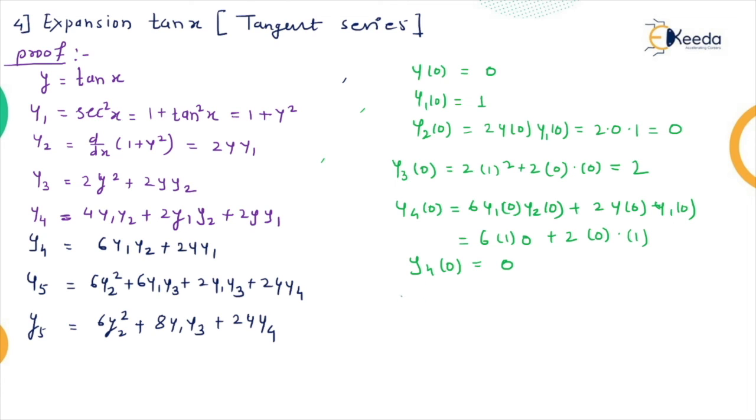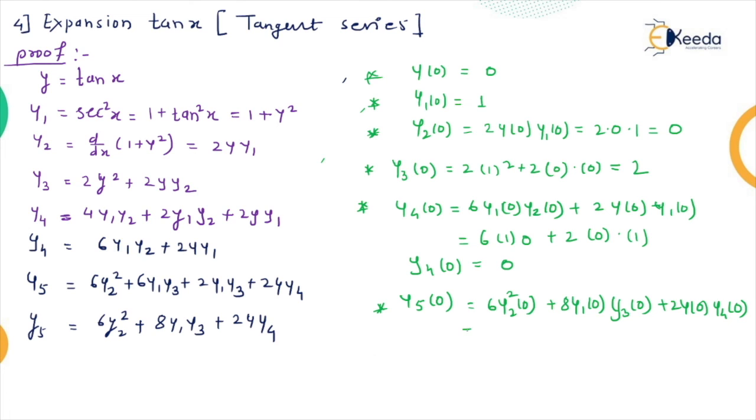Next, y5 of 0. How to calculate this y5 of 0? The formula is 6 into y2 of 0, squared, plus 8 into y1 of 0 into y3 of 0, plus 2 into y of 0 and y4 of 0.